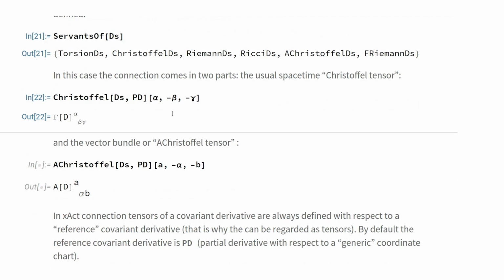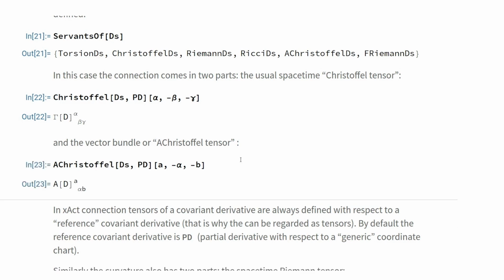And then, since this is a covariant derivative that has been defined in a vector bundle, we have what is called the A Christoffel tensor. In xAct, connection components are tensors, and the way that's achieved is that they are always defined with respect to a reference covariant derivative.